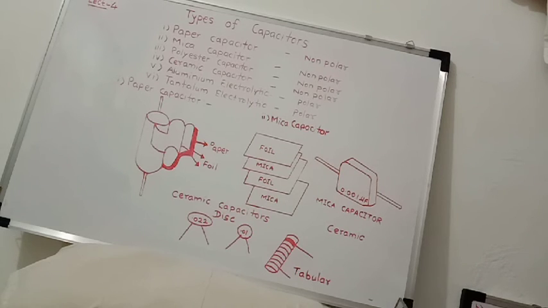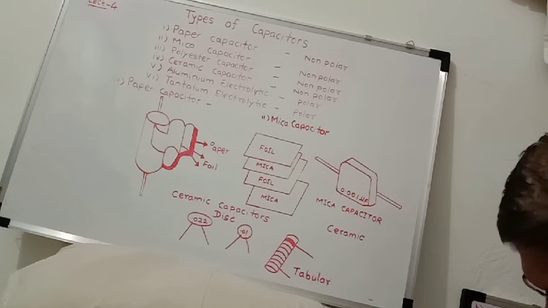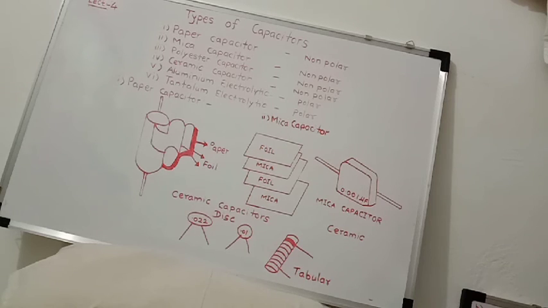The typical range of electrolytic capacitors is from 1 microfarad to 3000 microfarad, and the voltage rating is from 1 volt to 500 volt.